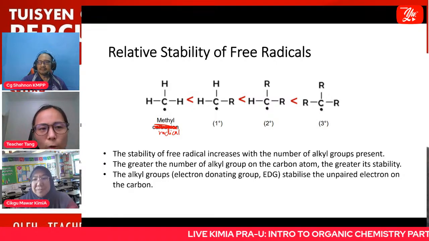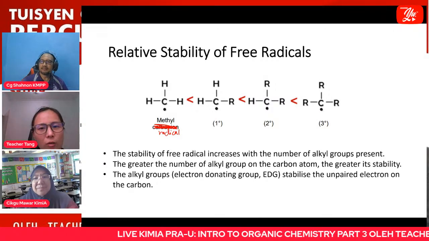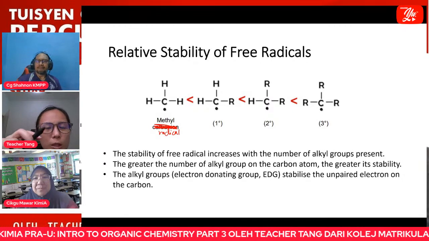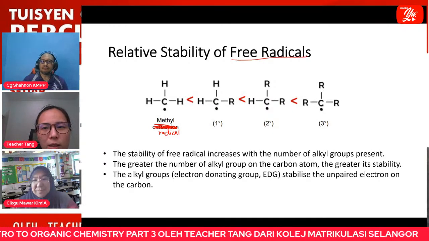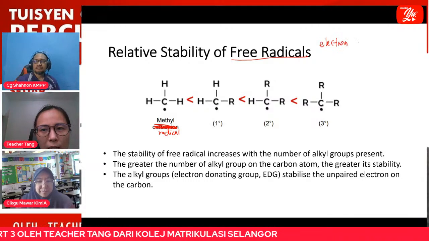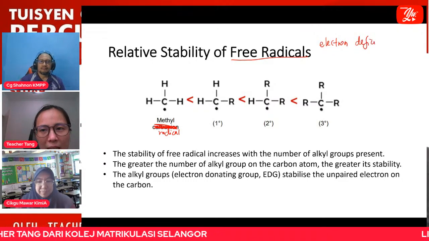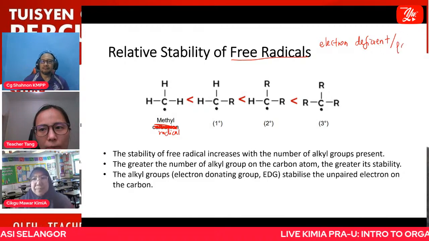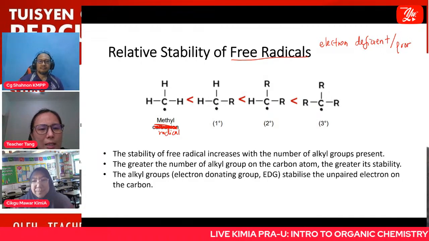Okay, so we move on to look at the relative stability of free radicals. For free radicals, you must know that they are electron deficient. Electron deficient means not enough electrons, or we can call it electron poor. Why is it electron poor?